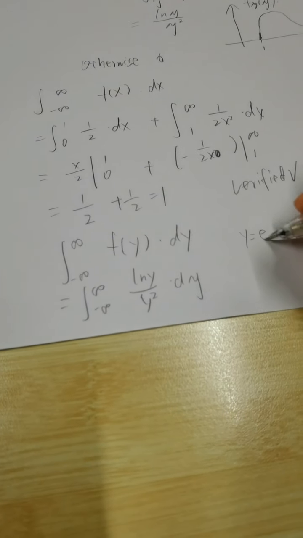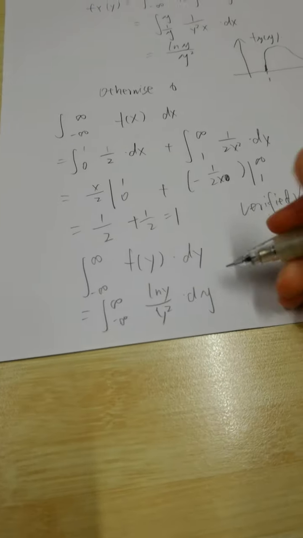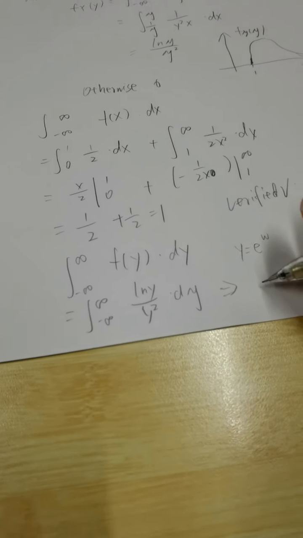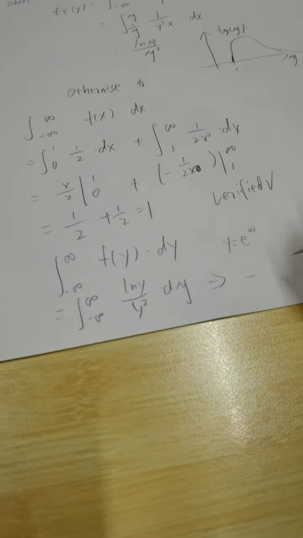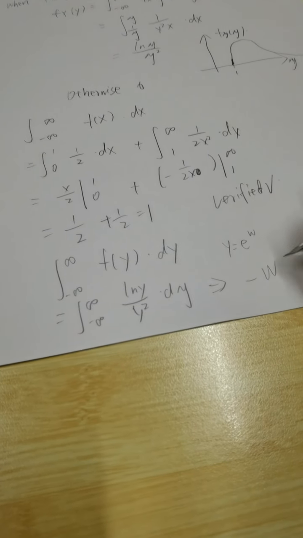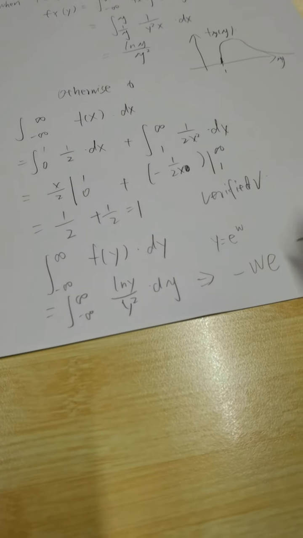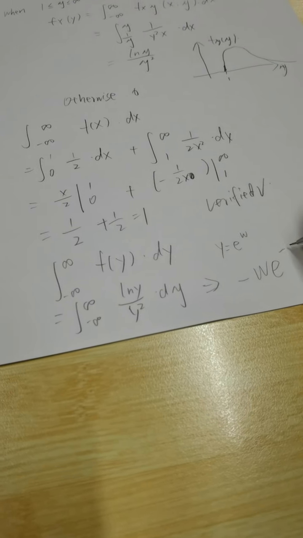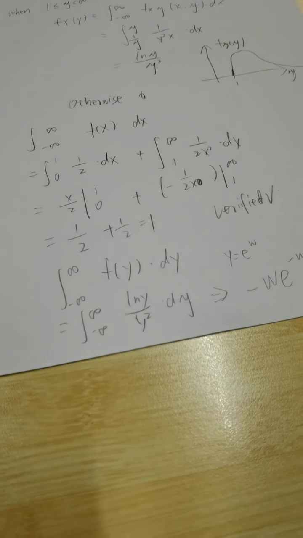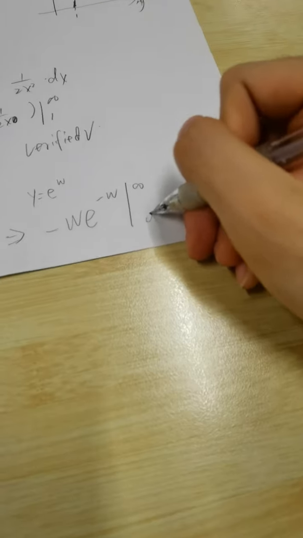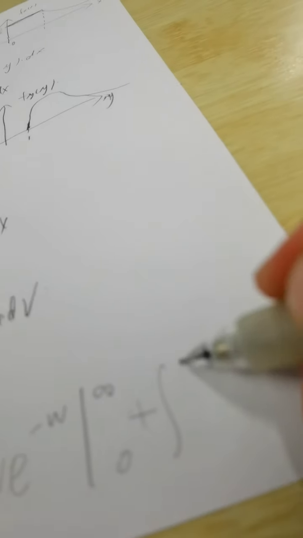Let y equal e to the w, and this part is equal to negative w e to the negative w from infinity to 0, plus the integral from infinity to 0 of e to the negative w times dw.